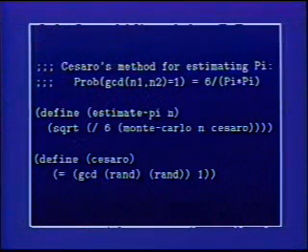Okay. We can use Cesaro's method for estimating pi with n trials by taking the square root of 6 over a Monte Carlo experiment with n trials using Cesaro's experiment, where Cesaro's experiment is the test of whether the GCD of two random numbers is equal to 1. You can see that I've already got some assignments in here just by what I wrote.